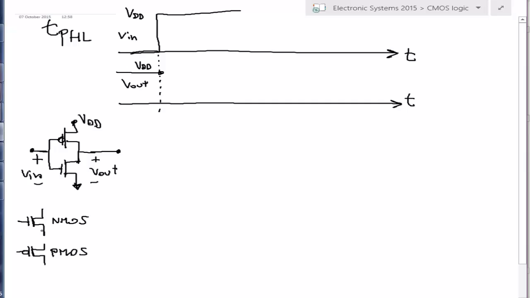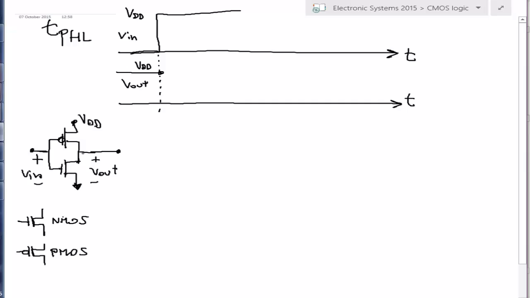I've seen that in the notes the symbols that are used are always the ones with the arrows. But these are simpler to draw, so let's consider this just a legend.